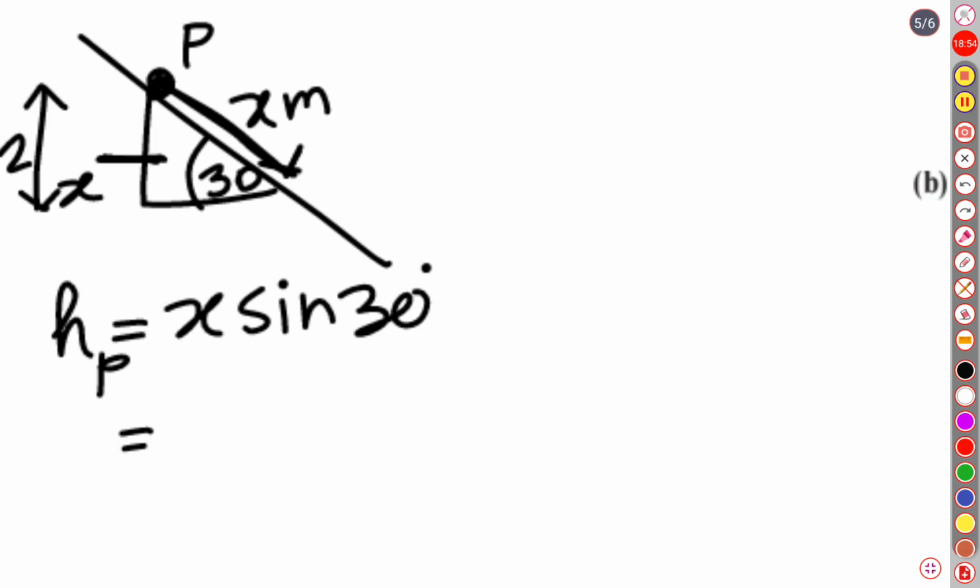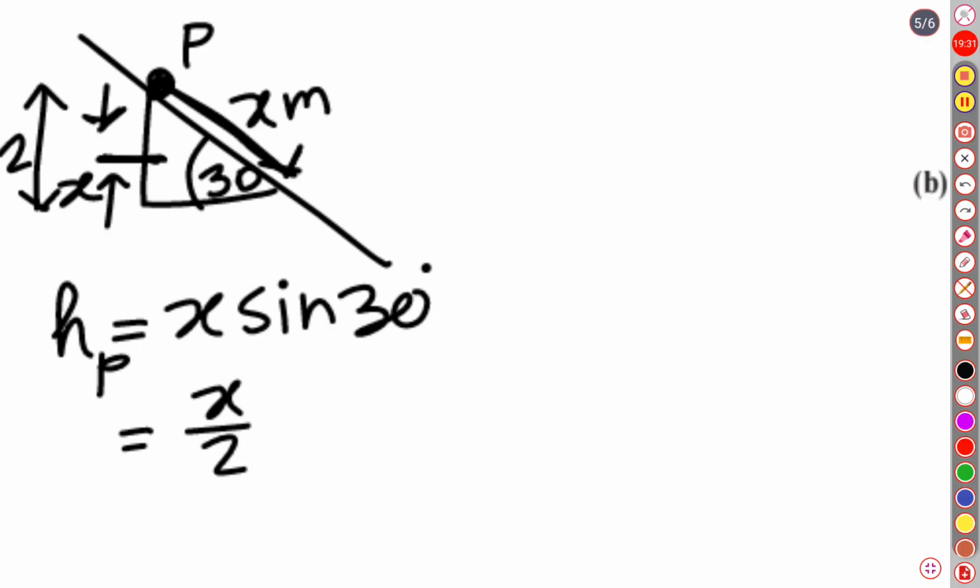That means P came down up to this, which is x over 2, and Q went up x meters. So Q, from a bottom place, moved up x meters, whereas P moved down, and the perpendicular distance was x over 2.